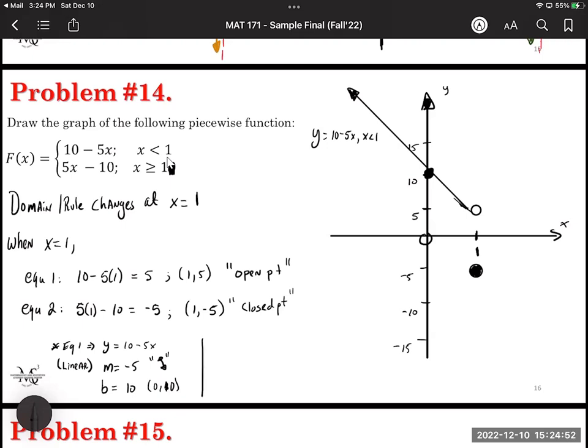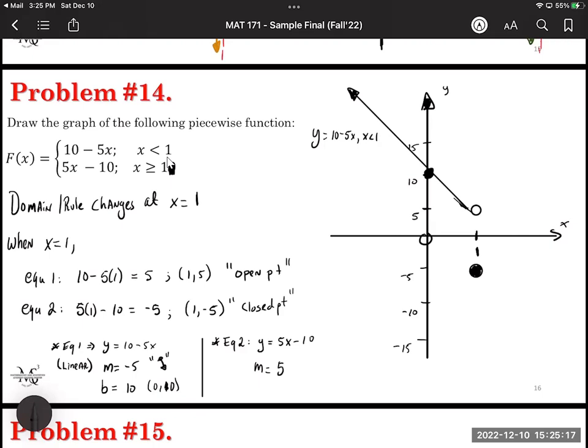All right, let's look at equation 2. Equation 2 is y equals 5x minus 10. So what do I know about the value of the slope? Since this is also a linear equation, what's the value of my slope? 5.